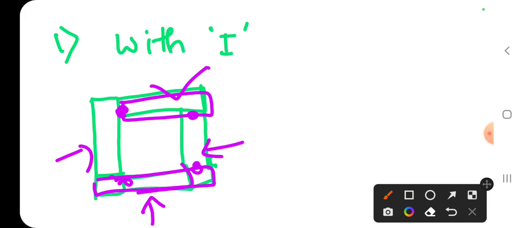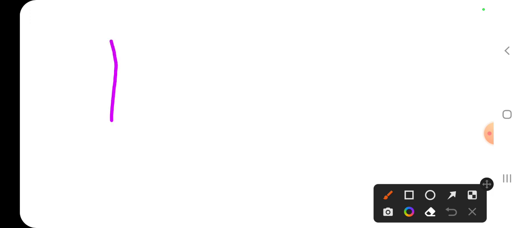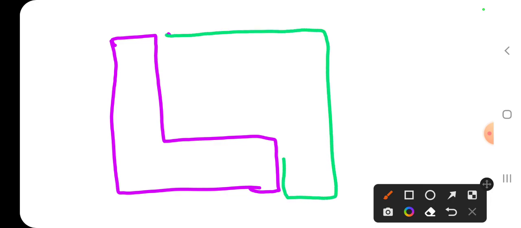Second, you can construct the transformer core with L-shape laminations.